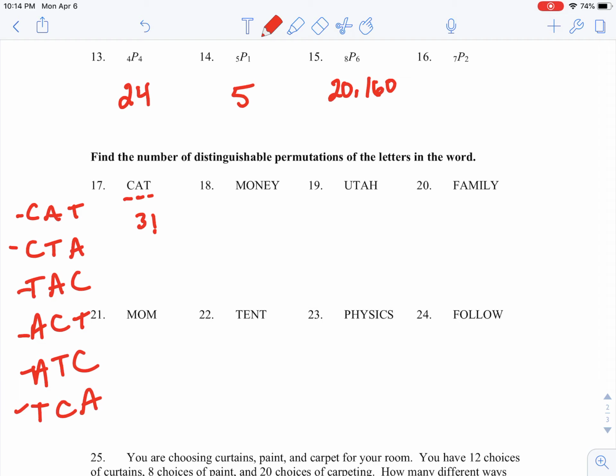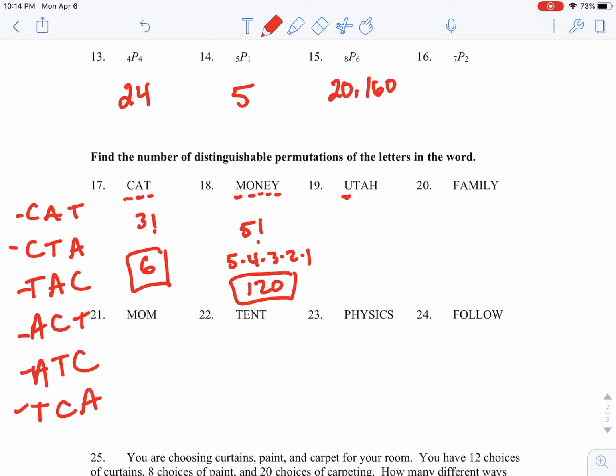All right, so how do you do this? You just do that factorial. Use your calculator, 3 factorial, so that's 6. Money: 1, 2, 3, 4, 5, 5 factorial. So it's 5 times 4 times 3 times 2 times 1: 20, 60, 120.